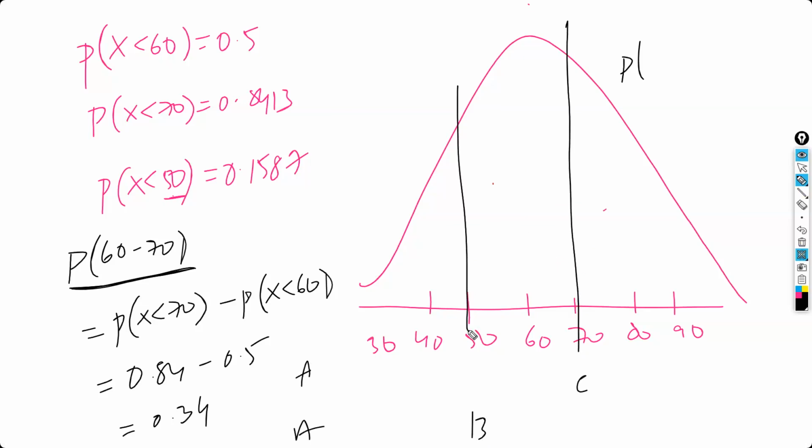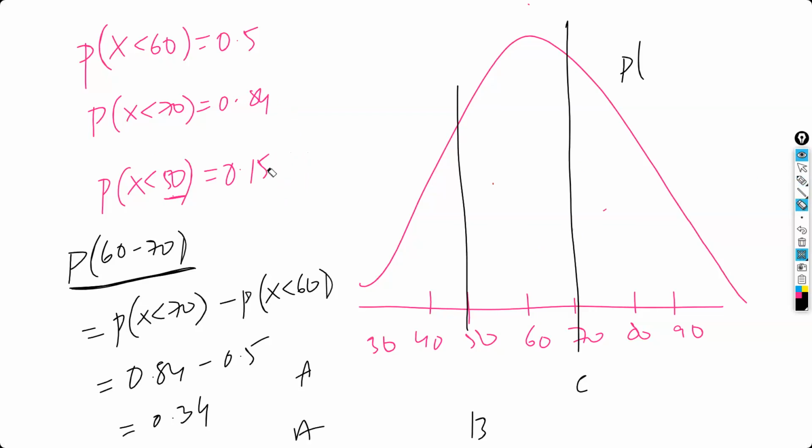Is the point clear? Now tell me, you already calculated the area up to this point 0.84, up to this one is 0.1587. If you minus this, what is the area between them? 0.68. So up to 2 decimals you consider. Unnecessarily don't go with 4 decimals.